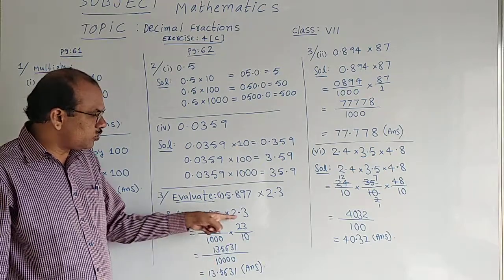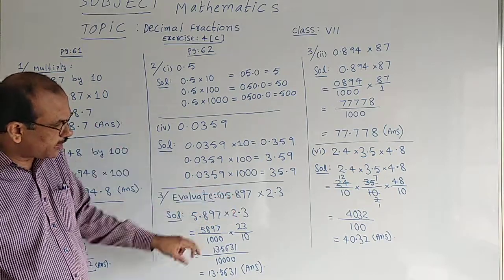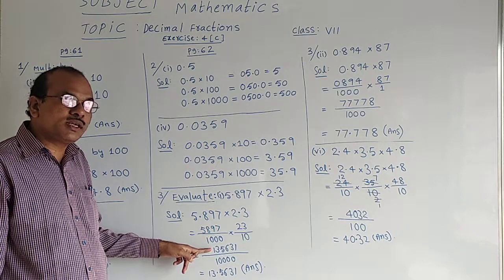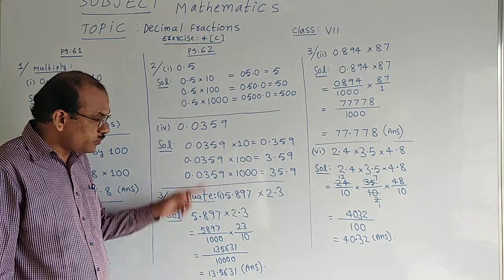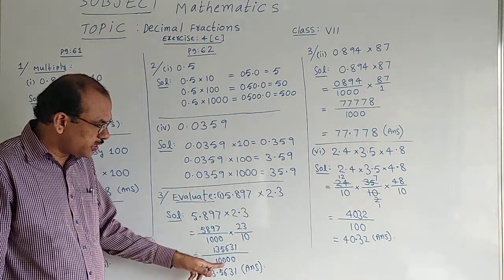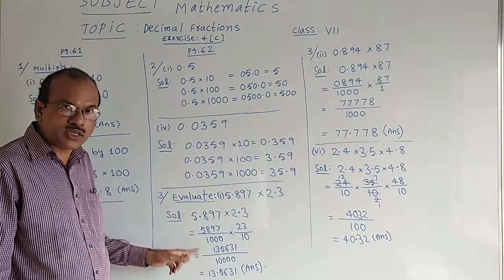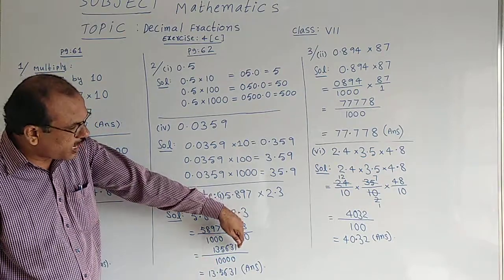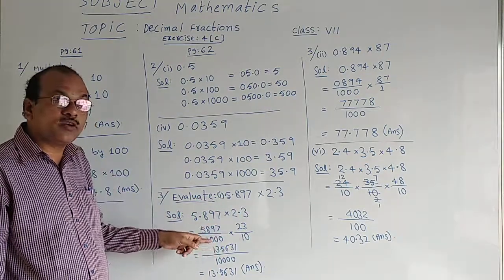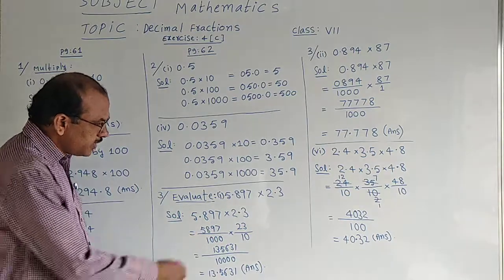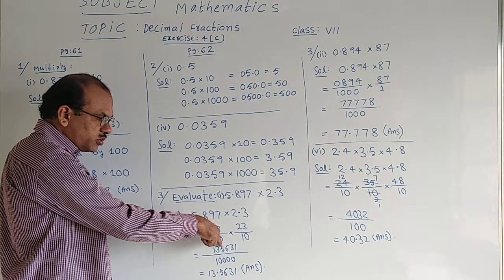Next, numerator and numerator both we should multiply in the rough. Then finally I got 1,35,631 by 10,000. As we said earlier, here how many zeros are there? 4 zeros. To remove this number with 4 zeros, of course starting with 1, we should put a point in the numerator after 4 digits. Now first digit, second digit, third digit, fourth digit.